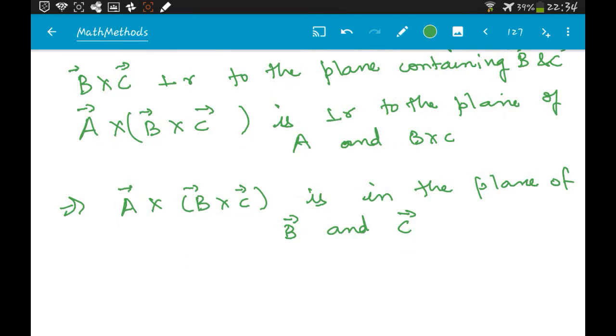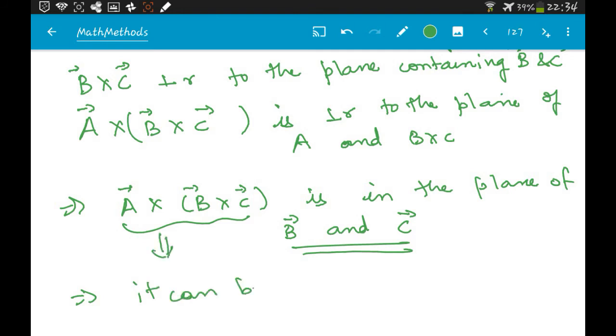If this quantity is in the plane of B and C, then it can be written as some linear function of B and C.